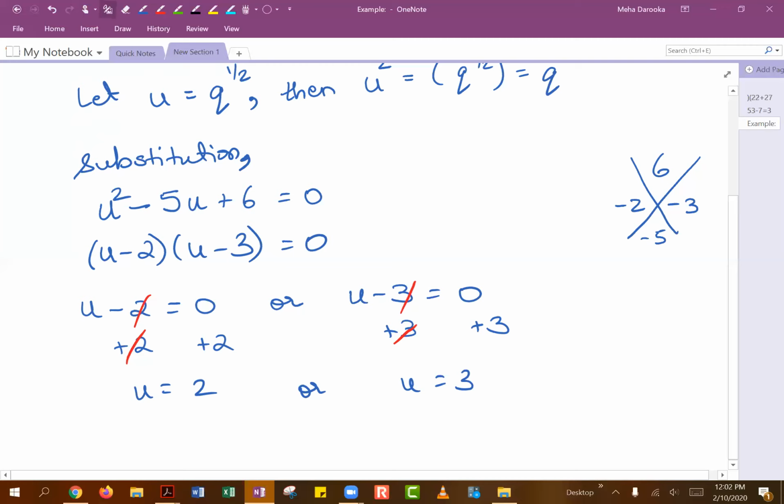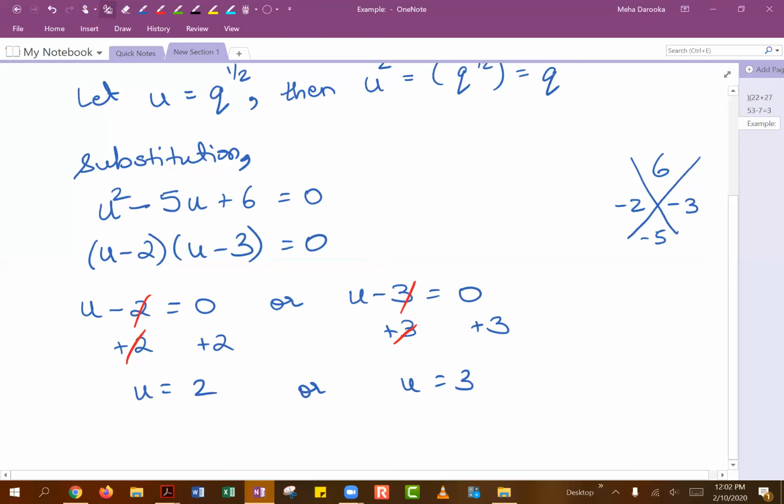You're going to set q to the 1/2 equal to 3, and q to the 1/2 equal to 2. Then you take that 1/2 exponent and flip it, so it's going to be 2 over 1, on both sides, which is just 2.